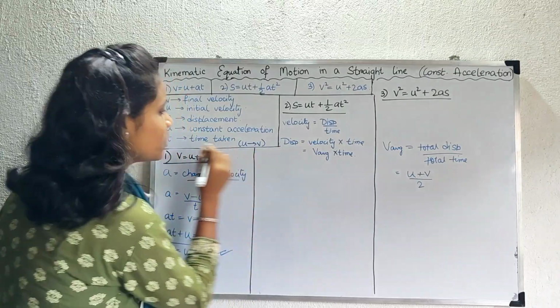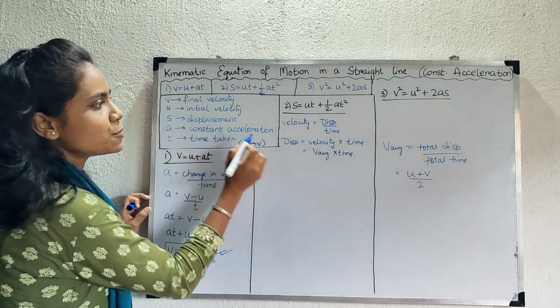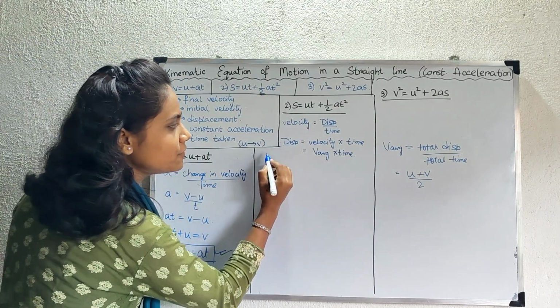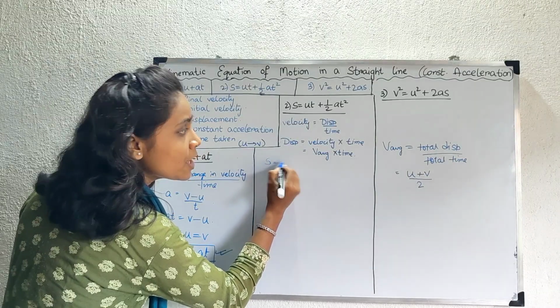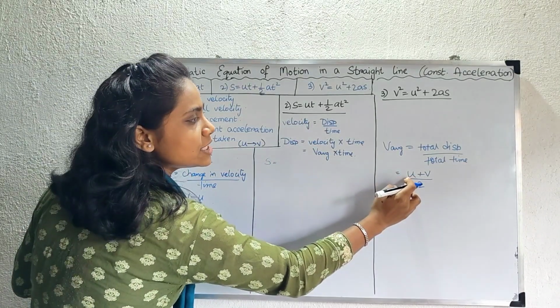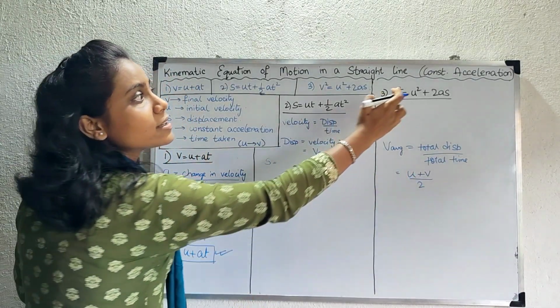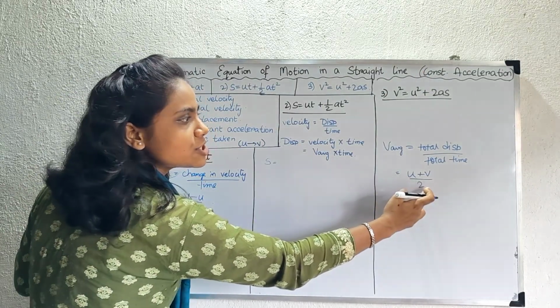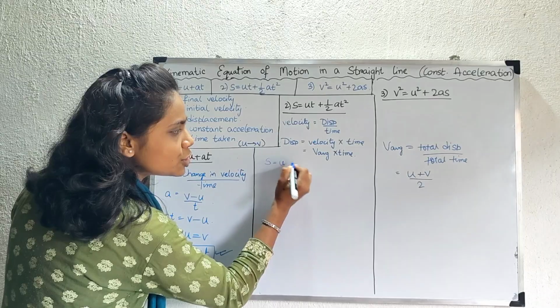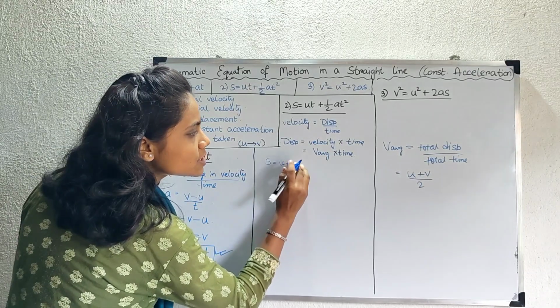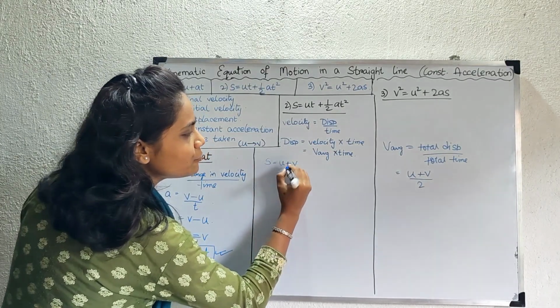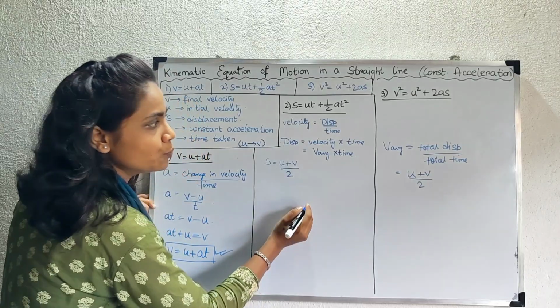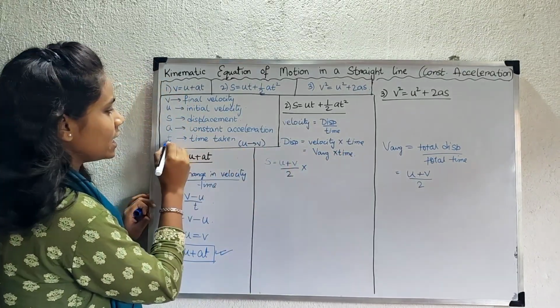See, s is the displacement, so in place of displacement we can write s. Average velocity, for constant acceleration, is initial velocity u plus final velocity v divided by 2, into time taken t.